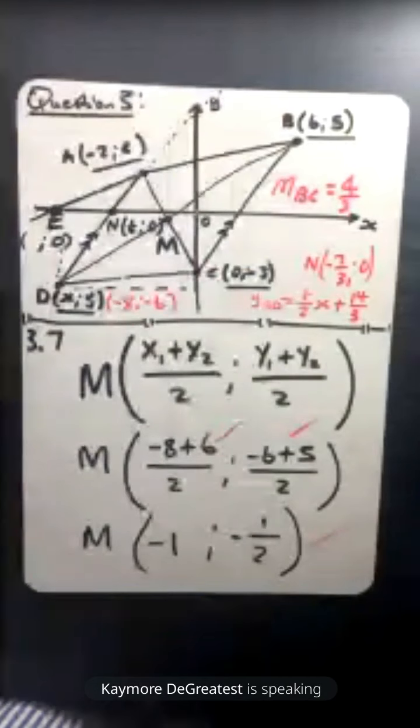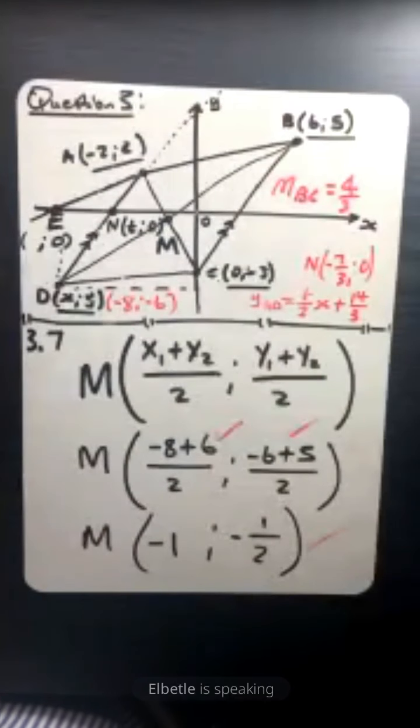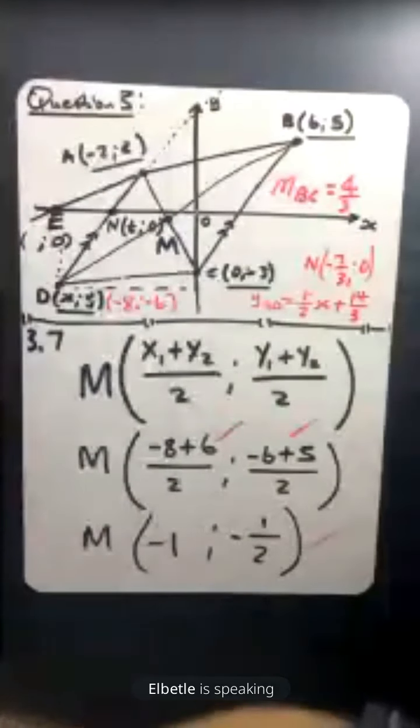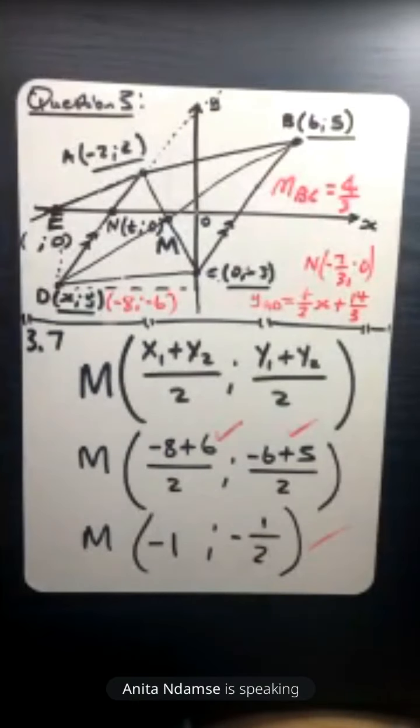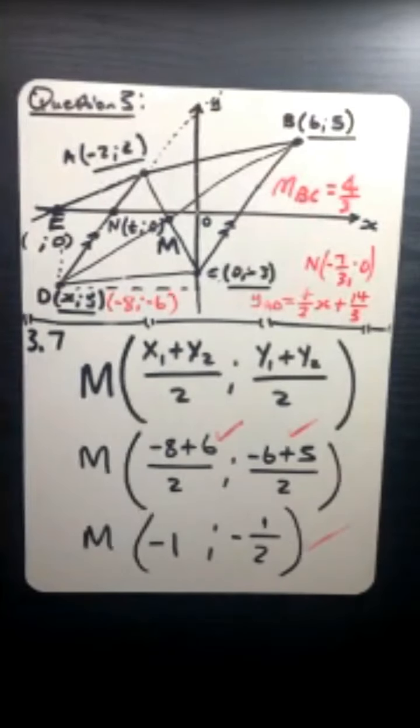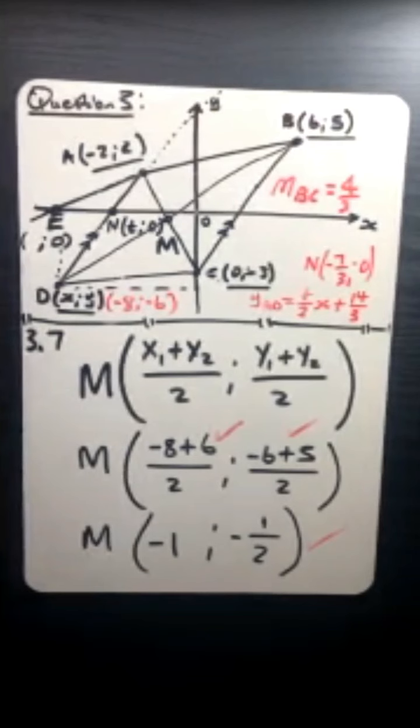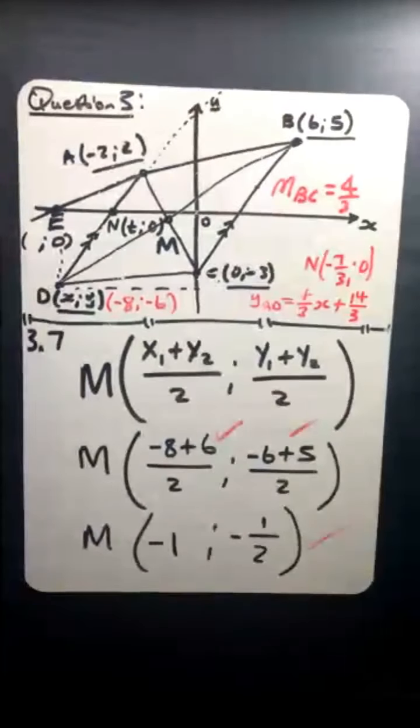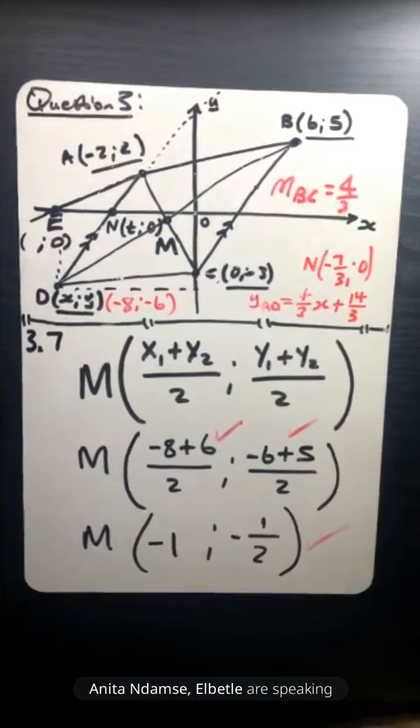Supercalifragilisticexpialidocious. Is it someone who was failing to get -1 and -1 over 2? Who's saying what? Who was it? Oh, before you close, sir.